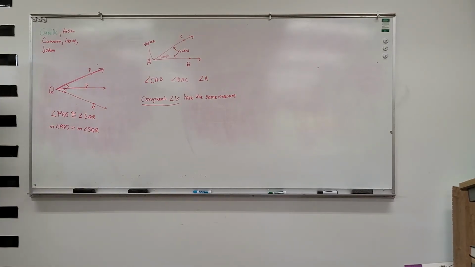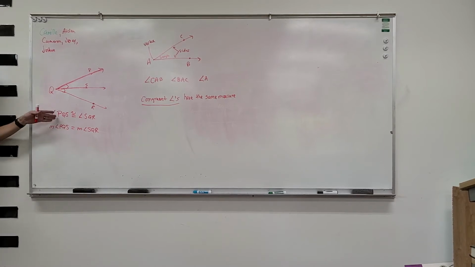When we're talking about the actual measurement, the number of degrees that corresponds to that angle, we write a little M in front of it, saying we're referring to that physical distance, okay? And when we're talking about measurements, we don't talk about congruency. We say they're equal.